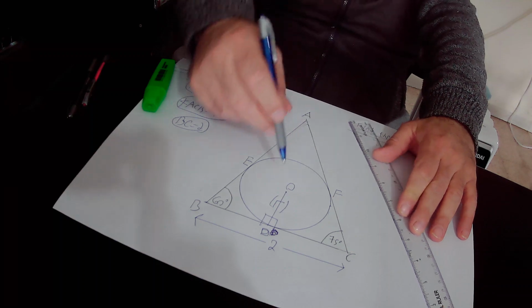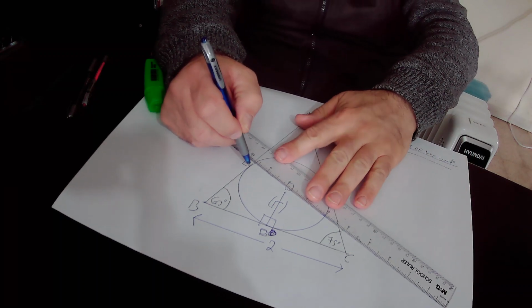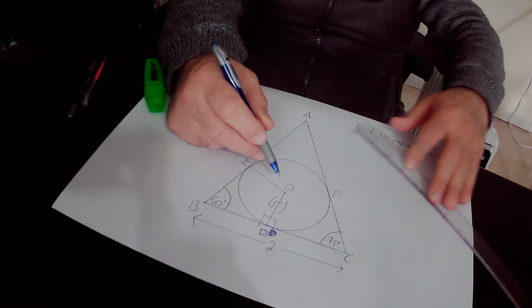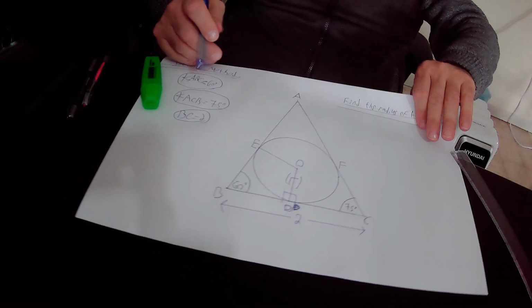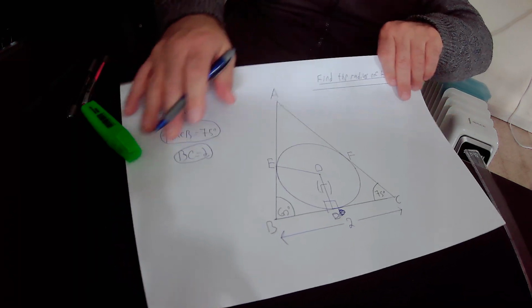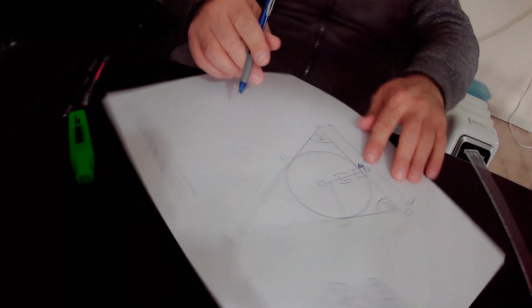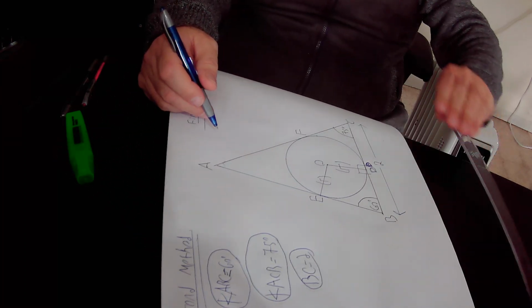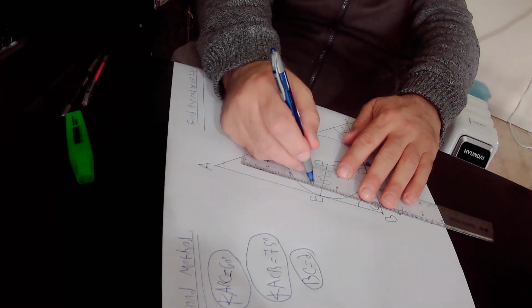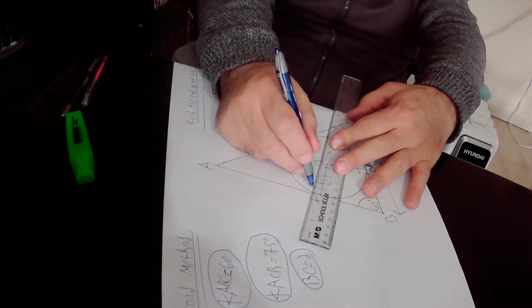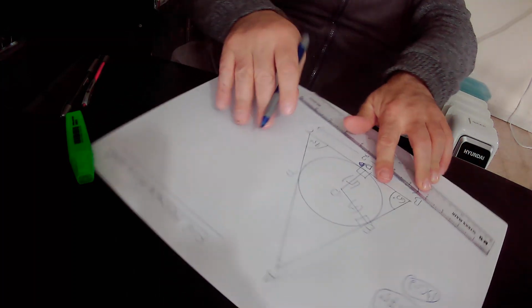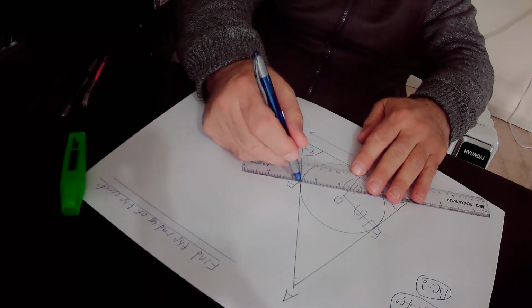We join points O and E together by a straight line. OE is the radius of this circle, equal to R. According to rule number 1, this angle equals 90 degrees and this angle also equals 90 degrees. We join points O and F together by a straight line.